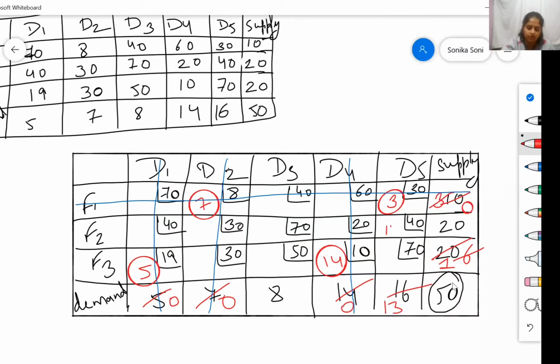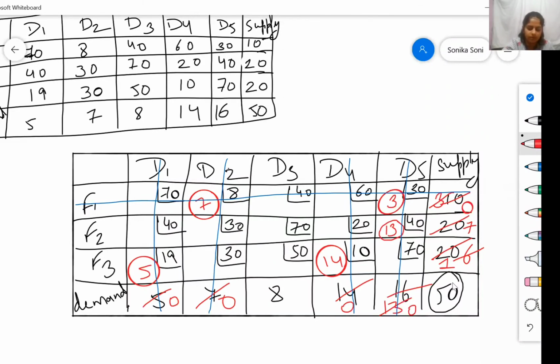We can allocate only 13. So when we allocate 13 here, the demand becomes 0 and the supply becomes 7. Now, as the demand became 0, we have to cancel the D5 column out.